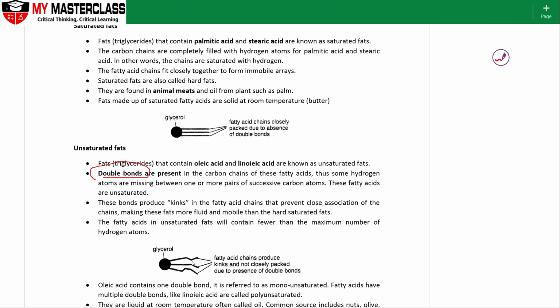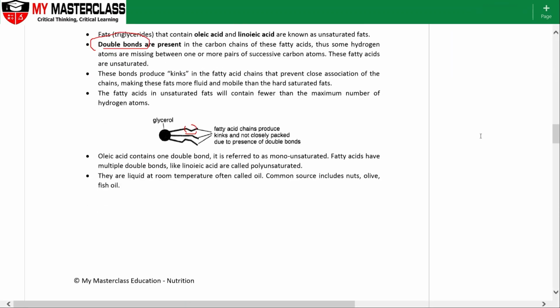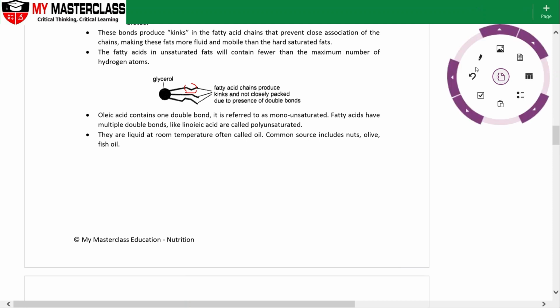Because I've got an additional double bond, the structure is now less flexible because you have more bonds here, so more space is taken up. That creates what we call kinks in the structure, compared to a straight structure over here. Depending on the number of kinks, it will give you the level of unsaturation.